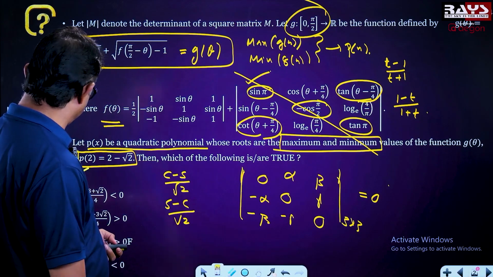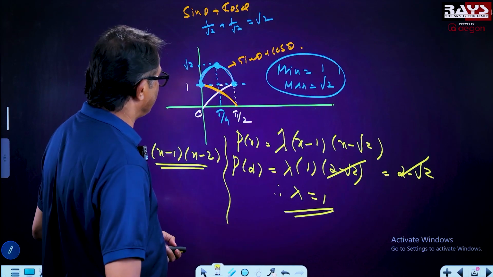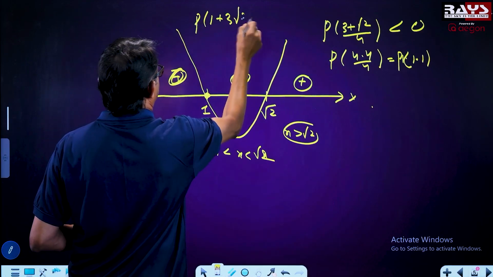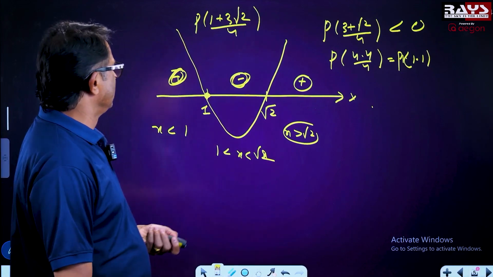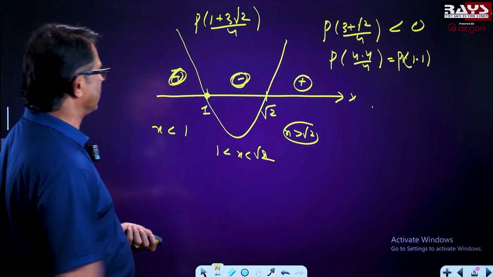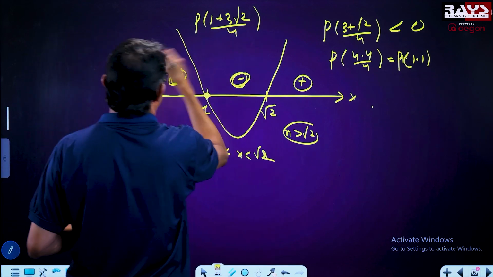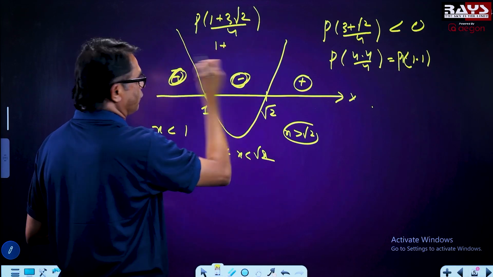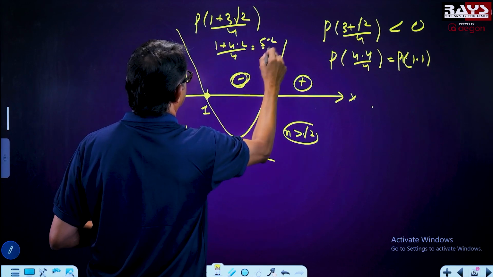And what about option B? P of (1 plus 3 root 2) by 4. You have to find out 1 plus 3 root 2. That is 1 plus 3 into 1.4, that is 1 plus 4.2, that is 5.2 by 4.